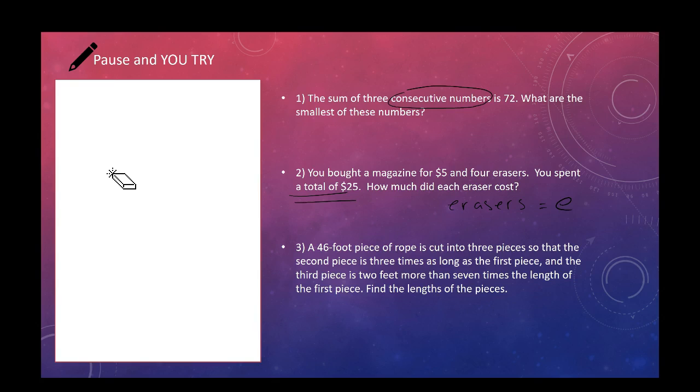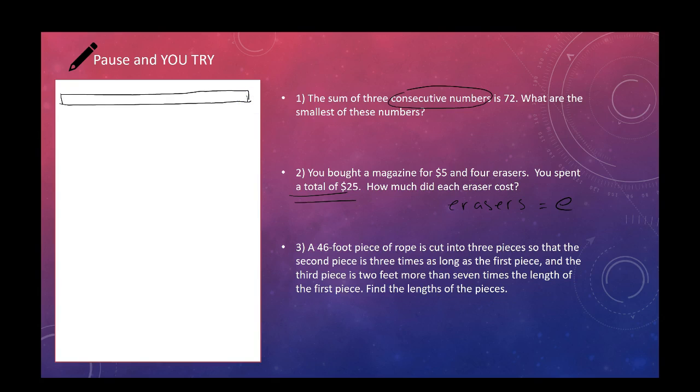All right, the last one, a 46-foot piece of rope is cut into 3 pieces so that the second piece is 3 times as long as the first piece, and the third piece is 2 feet more than 7 times the length of the first piece. Find the length of the pieces. All right, so let's just go ahead and draw a shape, okay?